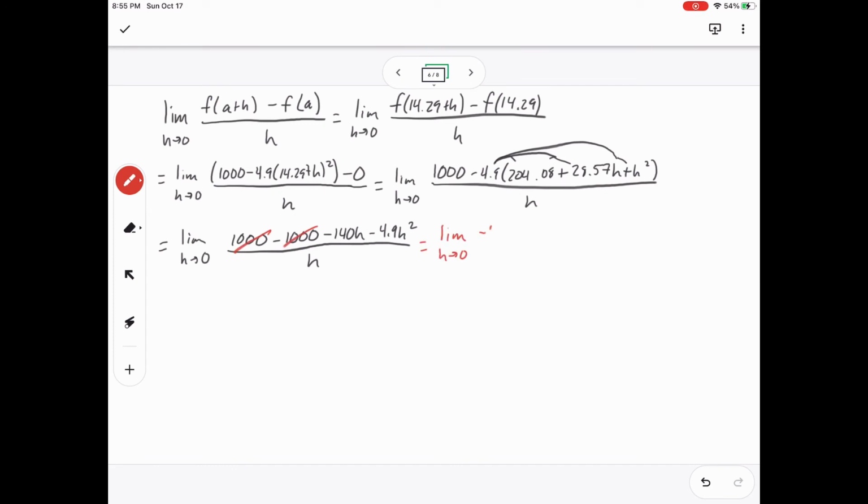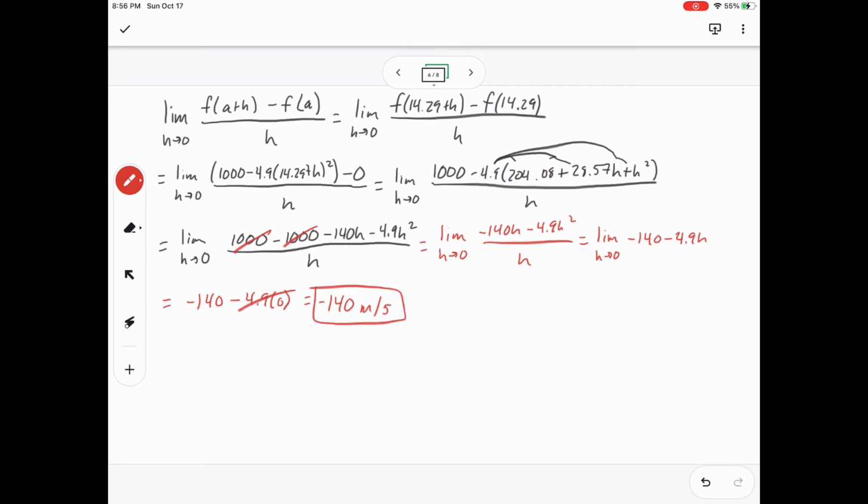The thousands cancel out. I'm left with negative 140h minus 4.9h squared. I can reduce all those, taking out an h. So that leaves me with negative 140 minus 4.9h. Sorry that I forgot the square there. And then putting in 0 there just leaves me with negative 140 meters per second. So that's the actual velocity at impact there.